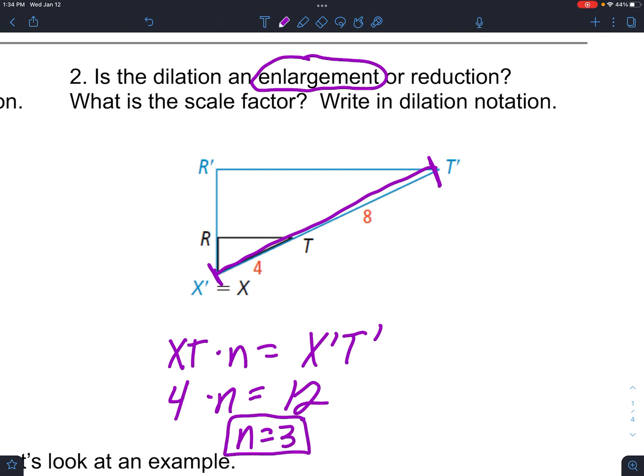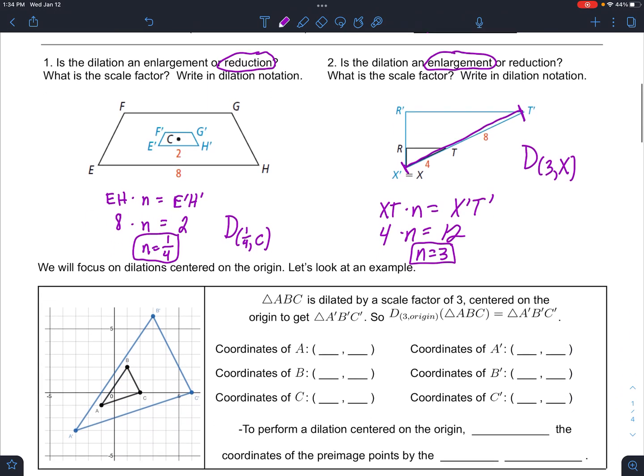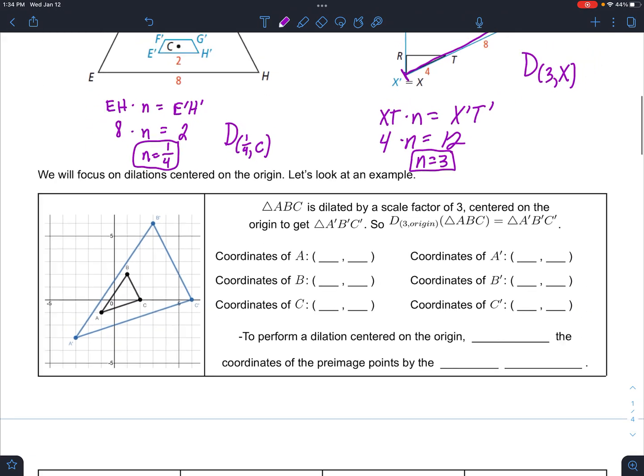So in this case, N is 3. Okay. Dilation notation, we would again say it was scaled by 3 around the center of dilation, which is X. So it's kind of like rotations. It has a point of interest there that we perform the transformation around.